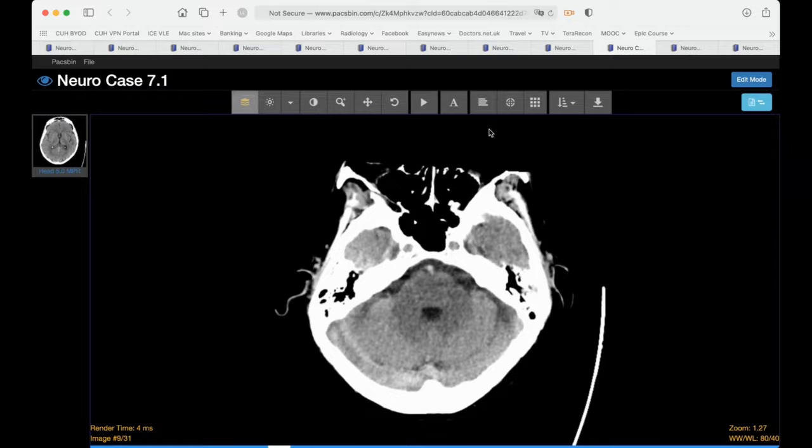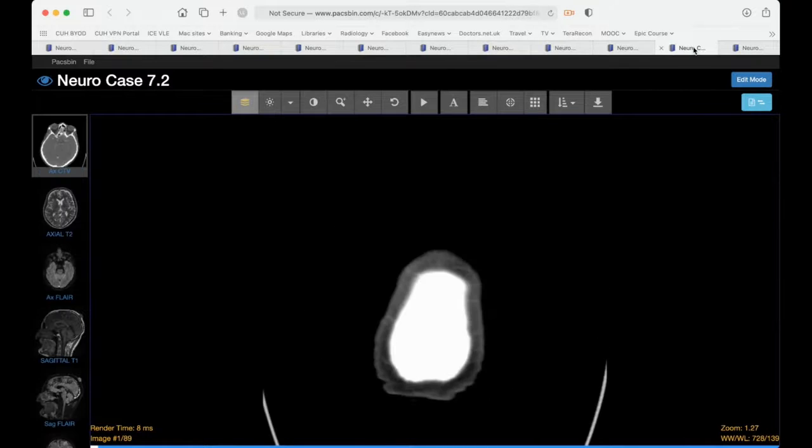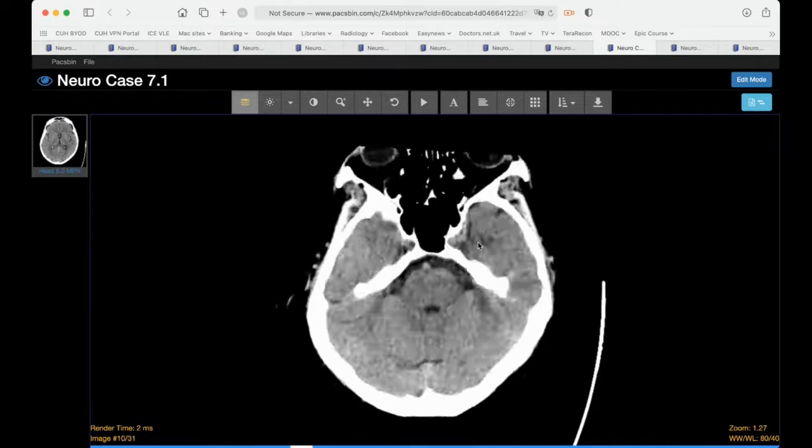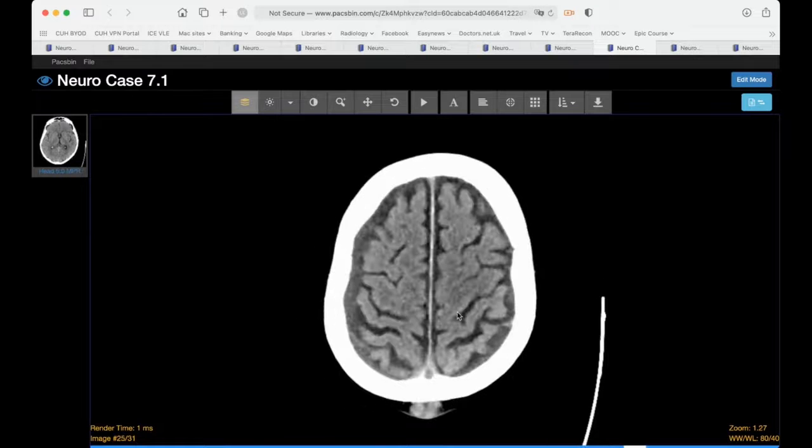If you have a vote on that, then we'll go on to the next part of the case, 7.2. Do you have any more votes?